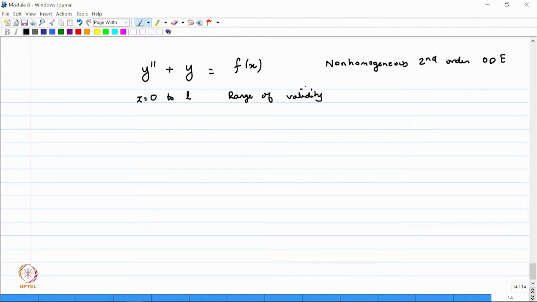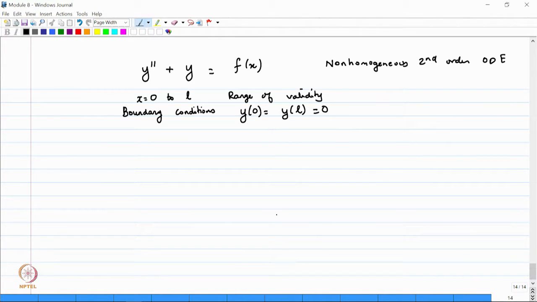And further let us take the boundary conditions y of 0 equal to y of L equal to 0. So we just take this boundary condition.